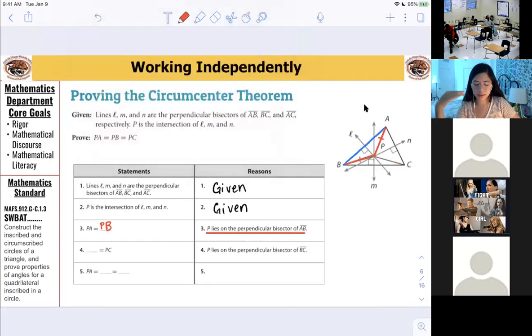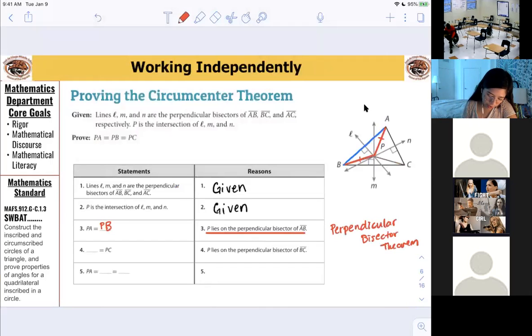What the perpendicular bisector theorem tells you is that when you have a perpendicular bisector, any point on that bisector is equidistant from the endpoints that you cut in half. So we can say this statement thanks to the perpendicular bisector theorem.